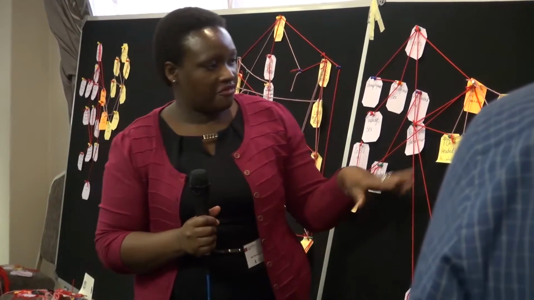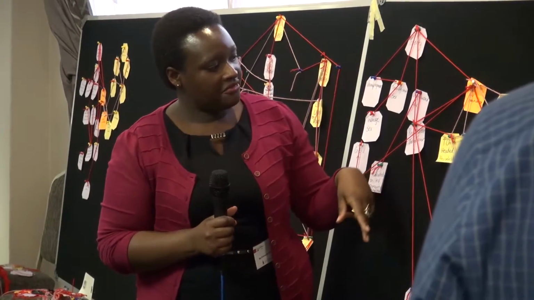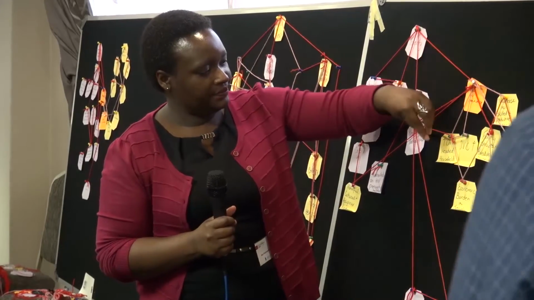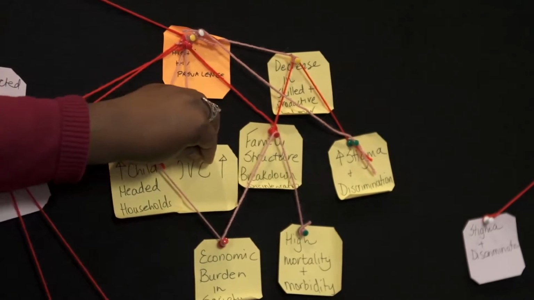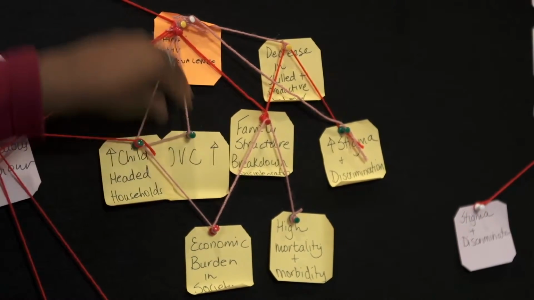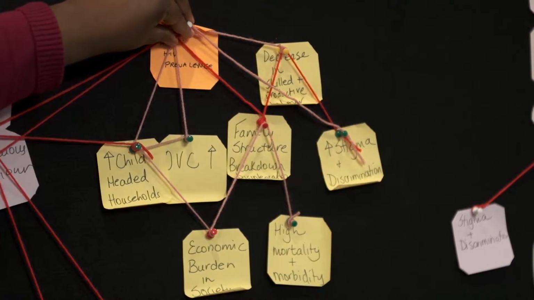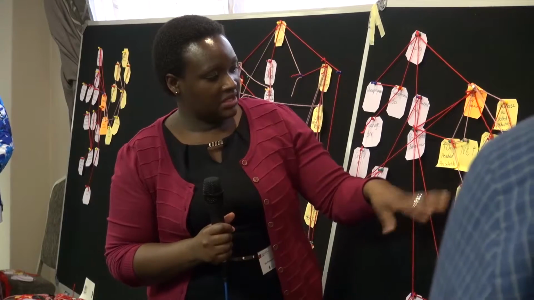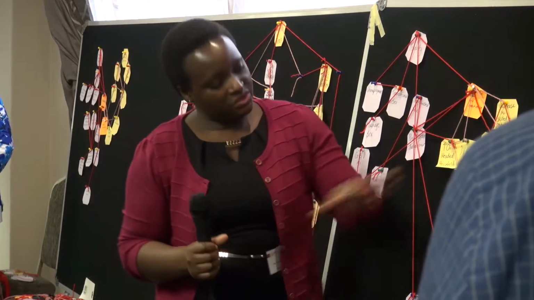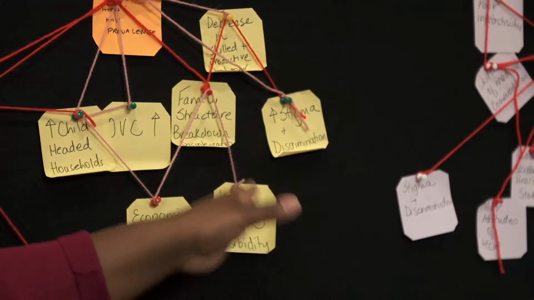In terms of the effects, we have high child-headed households and OVC, directly linked to increasing economic burden in society, resulting in also family structure breakdown, which is also directly linked to high mortality and morbidity, because we have a lot of people being sick or dying.